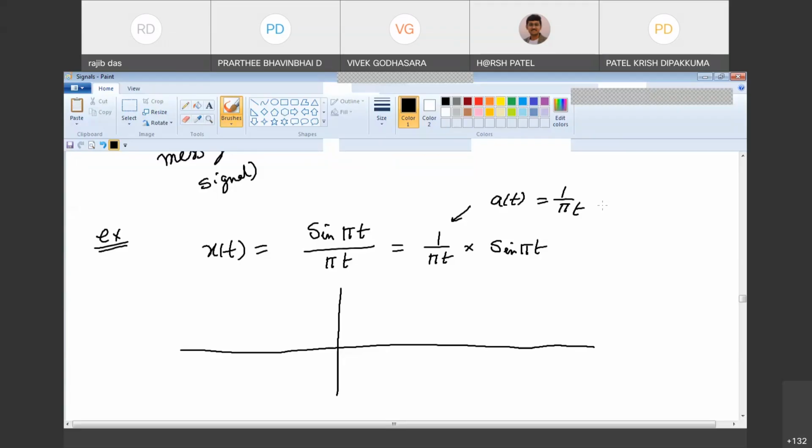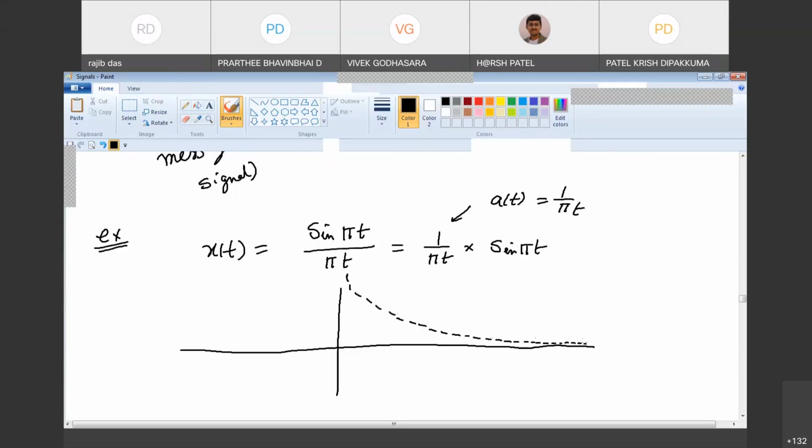Hyperbola type. Hyperbola? That's correct. So you see at t equal to 0, its value is infinite. And as t is increasing, its value is reducing. So for the positive side, I may consider that this could be the envelope. It's going down gradually.